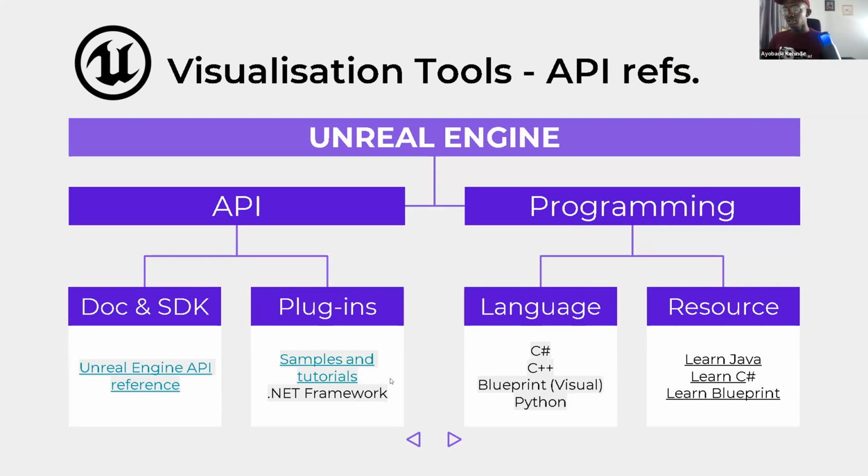There are videos on their website where you can learn, if you are someone passionate about visualization as an architect and you like to extend the possibilities, creating games, creating VR platforms, Unreal Engine API is one place to go. It uses the C# programming language also, C++, Blueprint and Python. Blueprint is not a textual programming language, it's more like a visual programming language that works like Grasshopper and Dynamo.